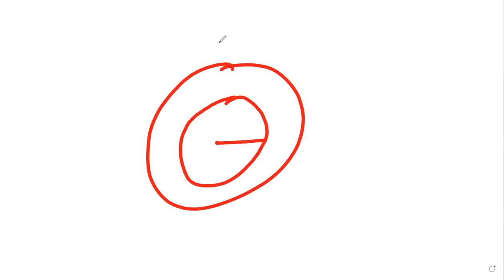Let's say this is 2 centimeters. Let's say if I were to extend my radius from the center, let's say in purple, by 3 more centimeters. Now we need to find the area of the shaded region. That's the bigger circle. Now what's the formula?